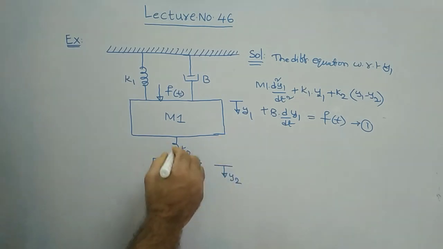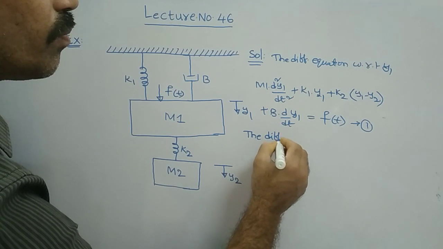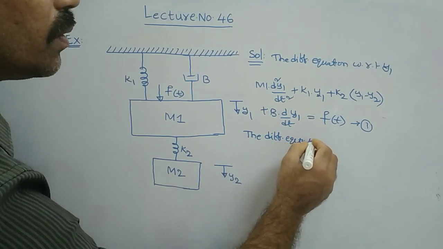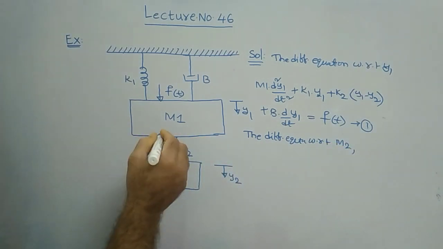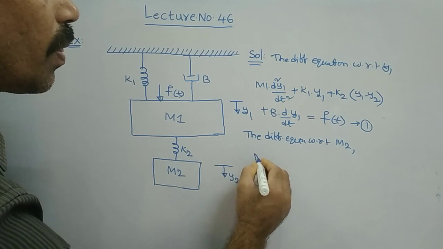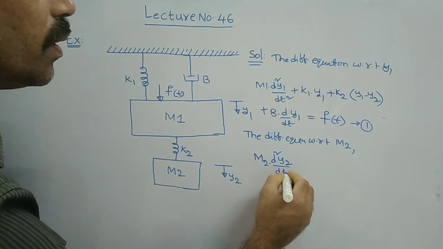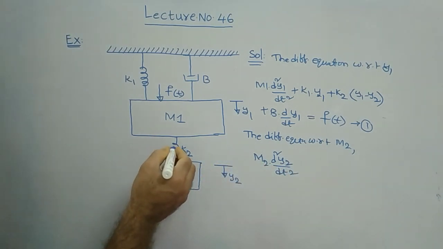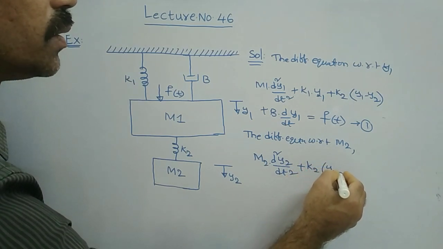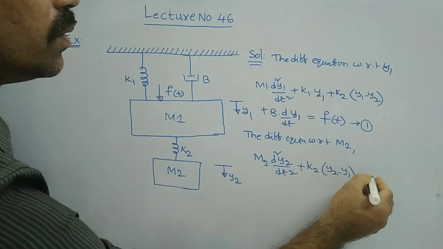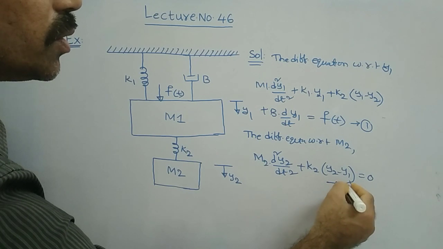Similarly, the differential equation with respect to m2. What will be the answer? m2 into d square y2 by dt square, and the common element, that is k2 into y2 minus y1, equal to 0, because there is no force applied on this, only the sum of opposing forces you must write.